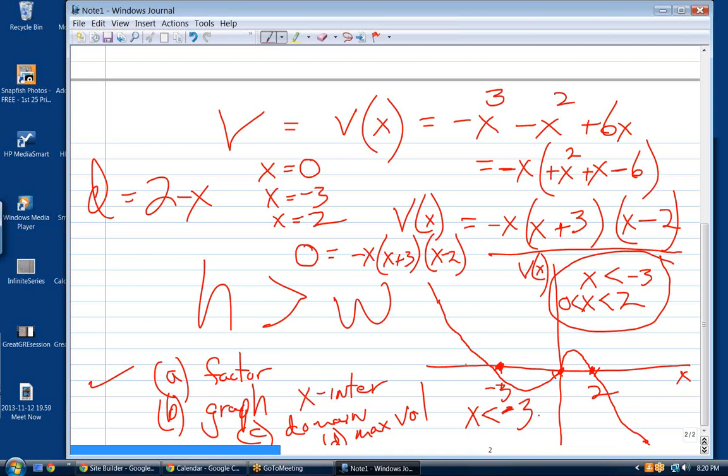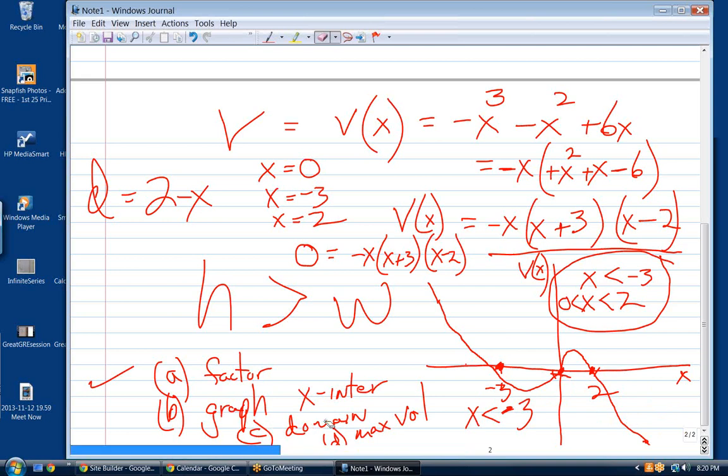This chart, if you considered every point on the graph, there's points here where the volume is negative. Any X between 0 and minus 3 makes a negative volume. Also, any X greater than 2 makes a negative volume. So those aren't allowed.